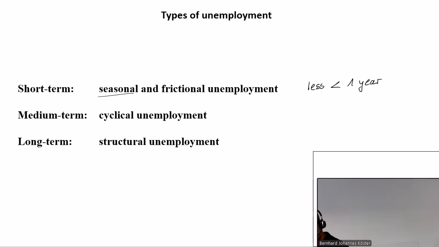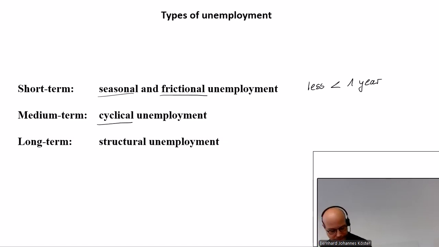One type is seasonal unemployment, and another one, which we will also define on the next slide, is the so-called frictional unemployment. Then we have medium-term unemployment, and this is the so-called cyclical unemployment.